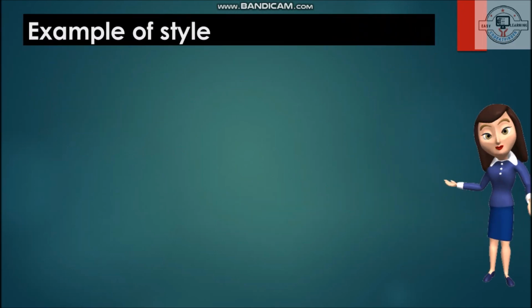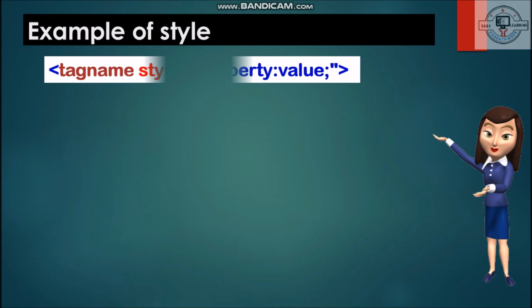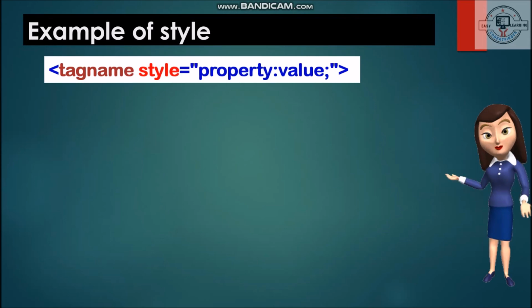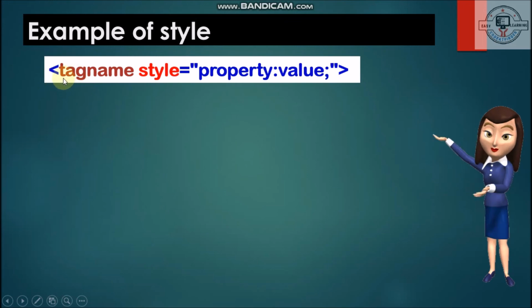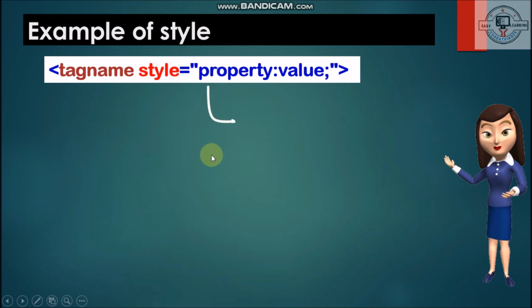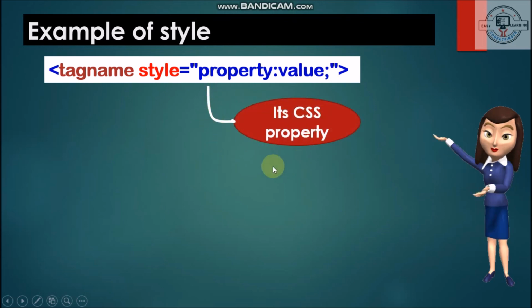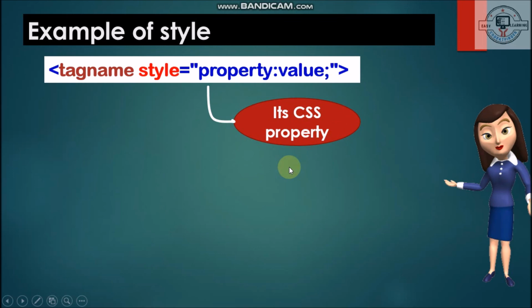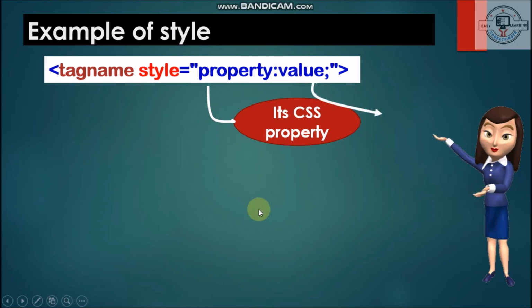Example of style. This is the syntax: tag name, style, property, then value. Property is a CSS property that we will understand in the next video. This is the value for this property.